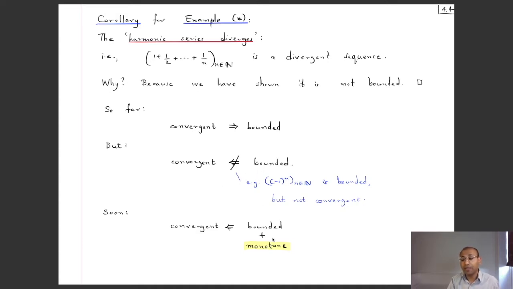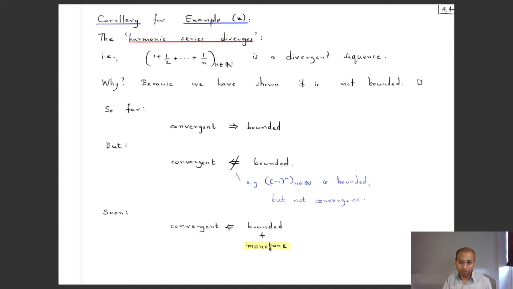However, we will now prove the theorem that if in addition to being bounded, it is monotone, so either the sequence is increasing or it's decreasing, and it's bounded, then the sequence is convergent. So bounded and increasing allows you to conclude it's convergent, or bounded and decreasing allows you to conclude that the sequence is convergent.